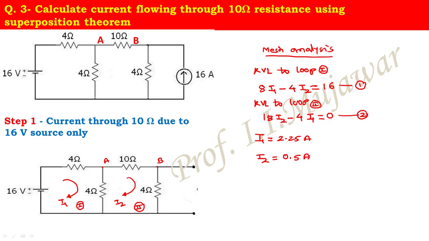Now here question is to find out current through 10 ohm, and current through 10 ohm is nothing but I2 itself. That means the first calculation, current through 10 ohm resistance due to 16 volt source only, if we assume that to be I10 ohm dash, is nothing but I2, and that is nothing but 0.5 ampere. Let this be equation number 3.